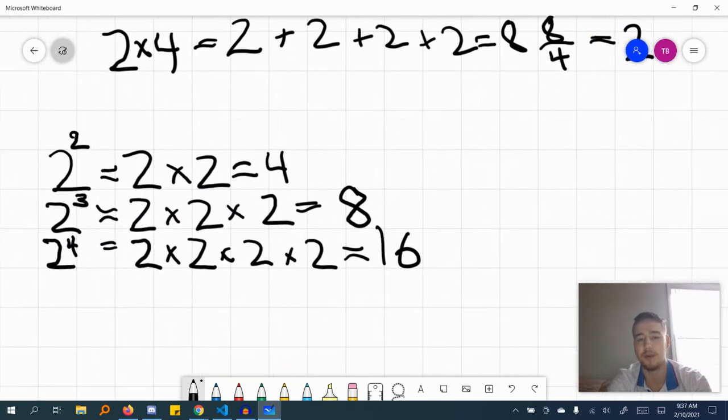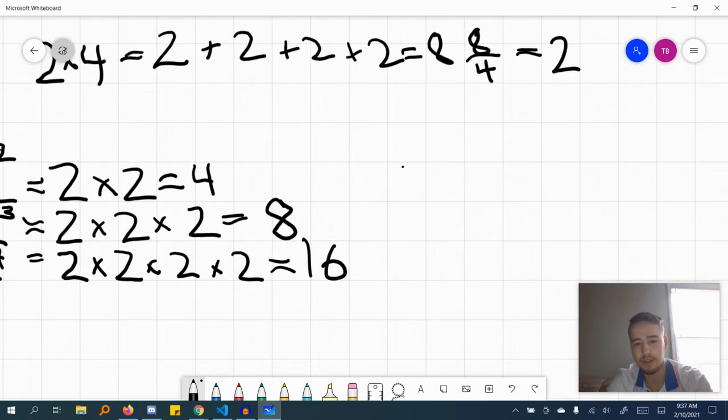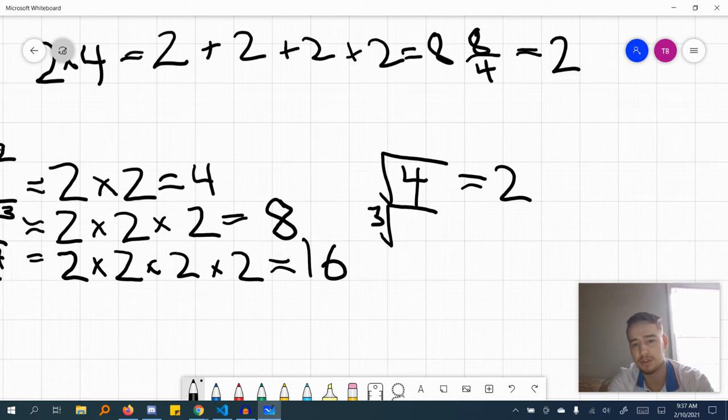And in the same way, you may be used to seeing this already, we have the square root of 4 is 2. The third root of 8 is 2. And the fourth root of 16 is 2.